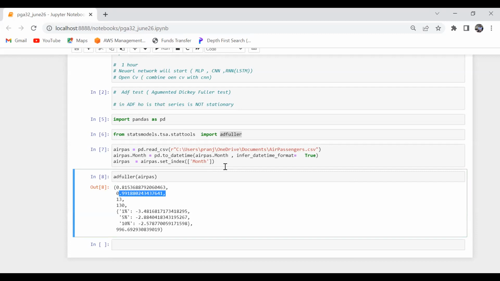Read your file, and then let's run it. Let me know once you have done it.